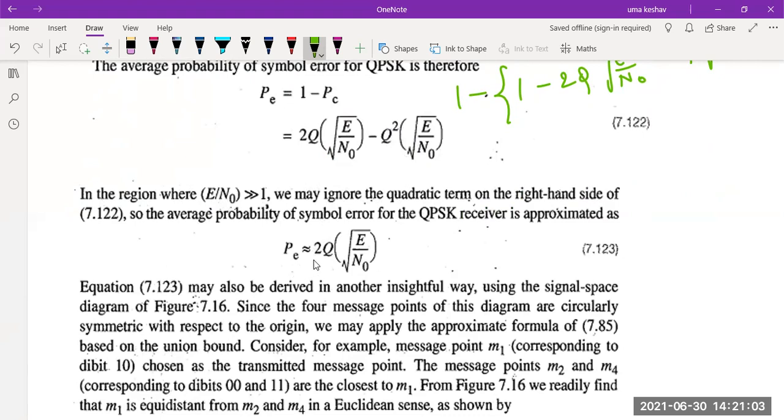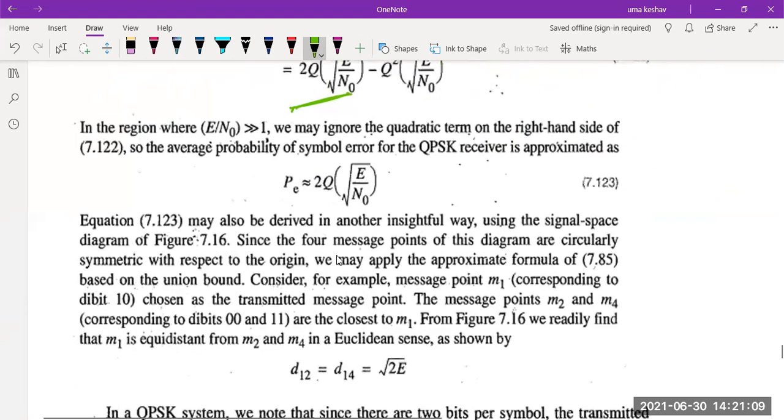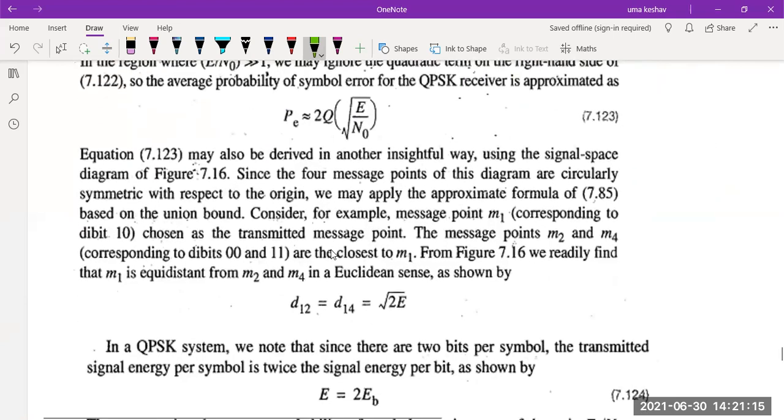Therefore, we have probability of error defined only by the second term, which is 2 times Q root E by N naught. And if you observe closely, you can clearly see that this value, whatever probability of error we are getting, is almost double that of the BPSK system.